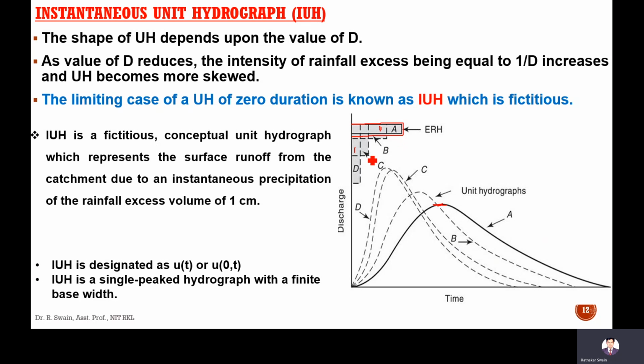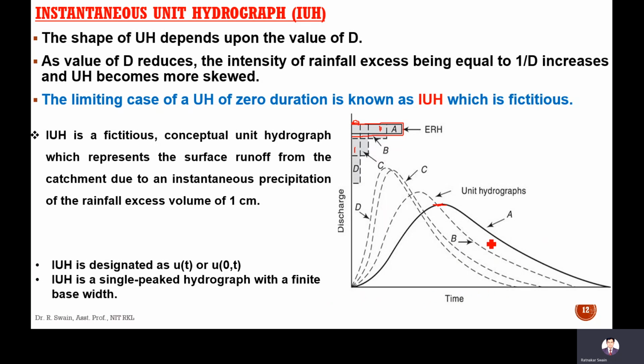But when the D value decreases, means the duration of excess rainfall, that same excess rainfall, decreases from here A to B to D, means the same excess rainfall but the duration is very less. So what will happen? Here the peak will increase, and the base duration will decrease.